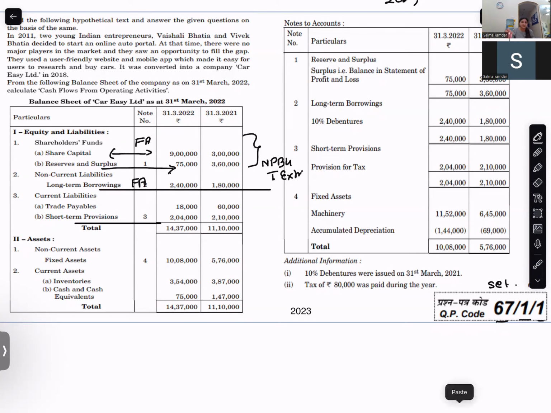Whenever you have provisions, you can go and check your notes to account. So if you see this provision over here, you have opening provision, closing provisions, and tax paid during the year. Can you prepare the provision for tax account in your notebook?